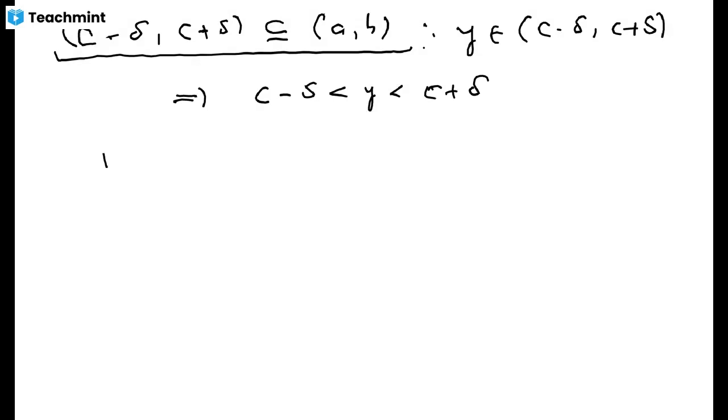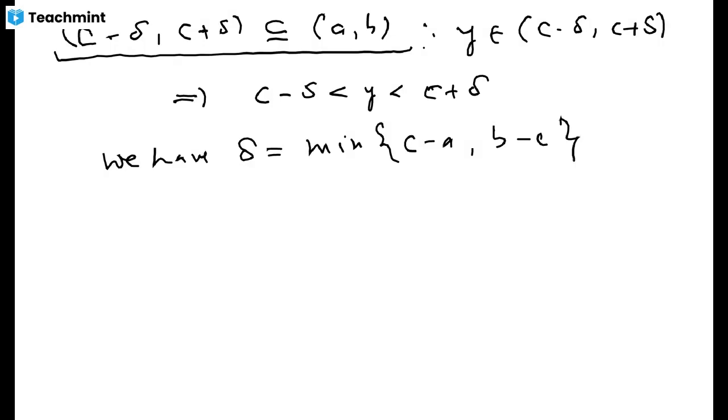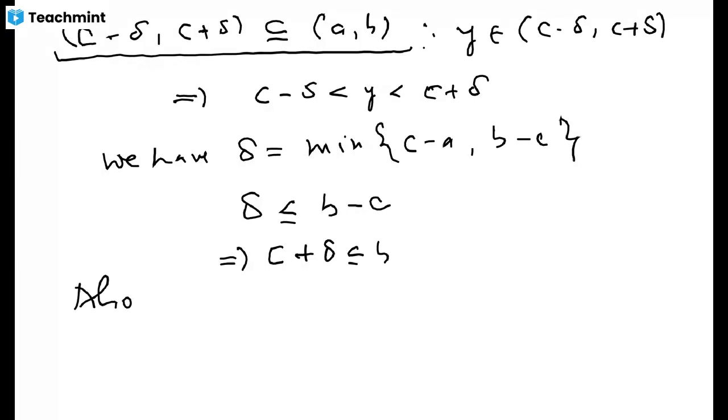Now let us look at this. Delta is the minimum of C minus A and B minus C. So delta is less than or equal to B minus C. That means, if I move C to the left, I will have C plus delta less than or equal to B. Also, from the definition of delta, since delta is the minimum of the two numbers, it cannot be larger than C minus A either.